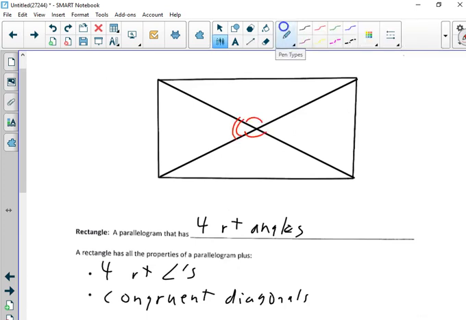They form two obtuse and two acute angles. But opposite sides are equal. Opposite sides are also parallel because it is a parallelogram. Right? Opposite angles are equal, and they're all the same because they're all 90.